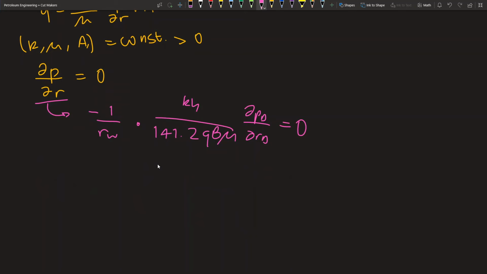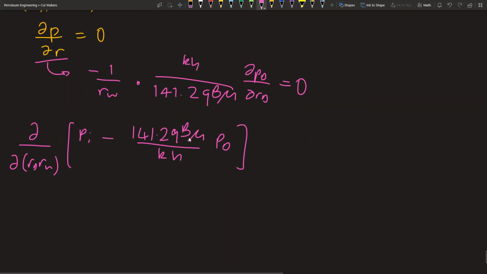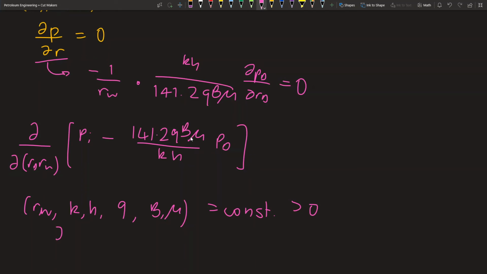Okay, if you're wondering where that came from, I'll just quickly write that down over here. So remember, r is equal to r sub d times r sub w, and p is equal to p sub i minus 141.2 q B mu over k h times p sub d. So if you break this apart, you'll get the expression above. And using similar logic, given that r sub w, k, h, q, B, and mu are all constants, and they're all positive, we have that dP sub d over dr sub d is equal to 0.